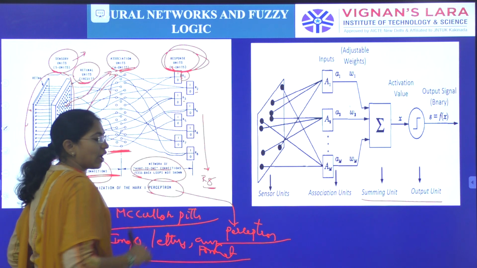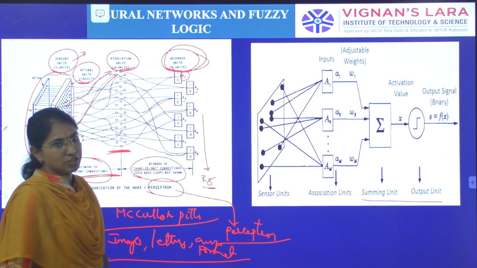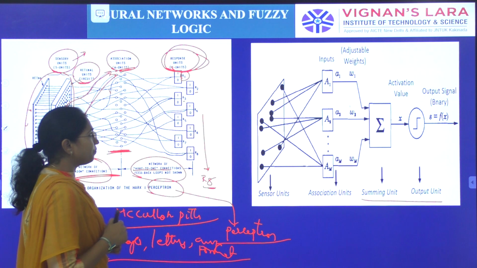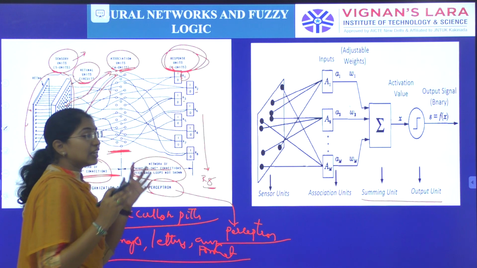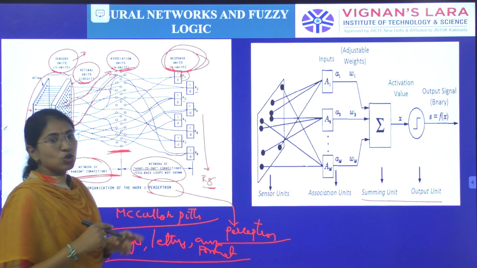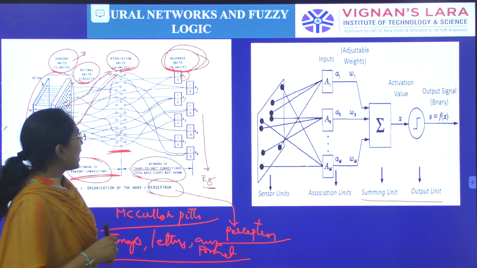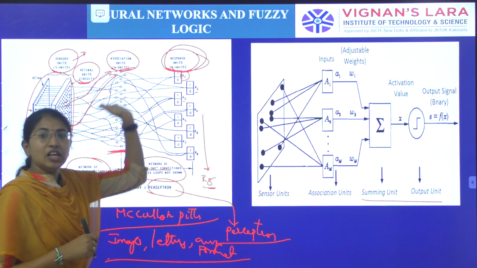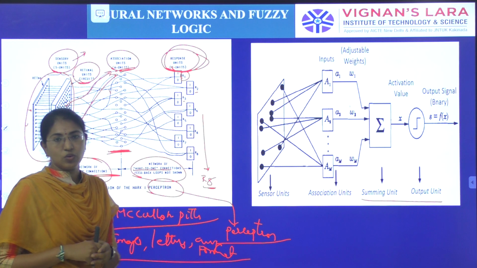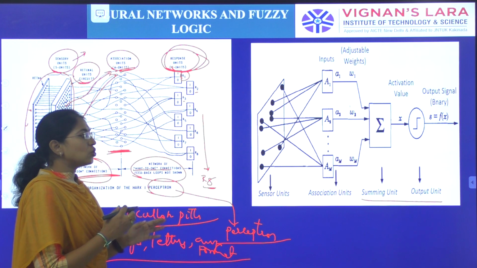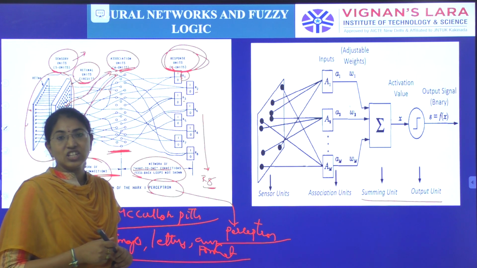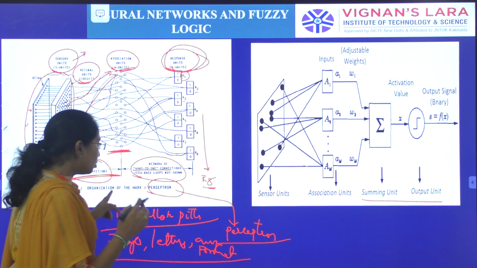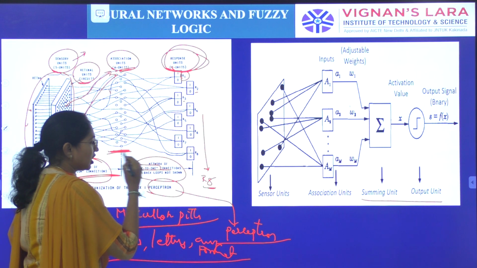In this example, we have taken 8 responses. For these 8 responses, the inputs are coming from the association units. So the response units basically collect the input from the association units through many-to-one connections.